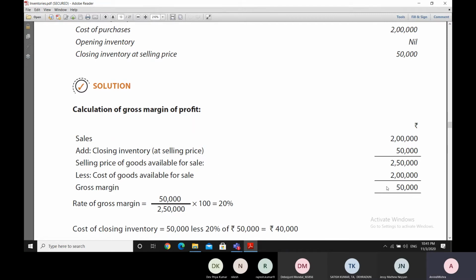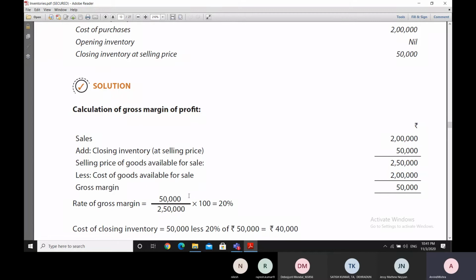So this 50,000 rupees is the gross margin or the gross profit margin, and to calculate the percentage of the gross profit margin we divide this 50,000 by the 2,50,000, which is the selling price of the goods available for sale, because goods available for sale are the goods which have been sold as well as the goods which are in the inventory.